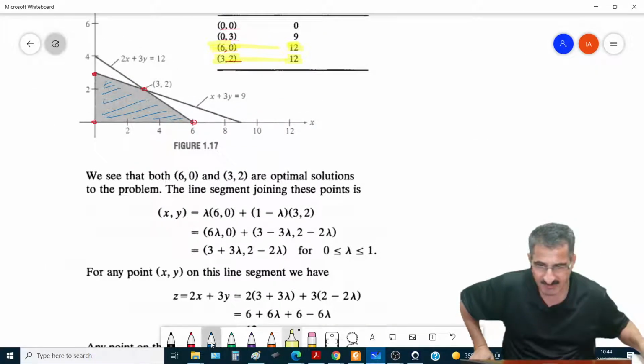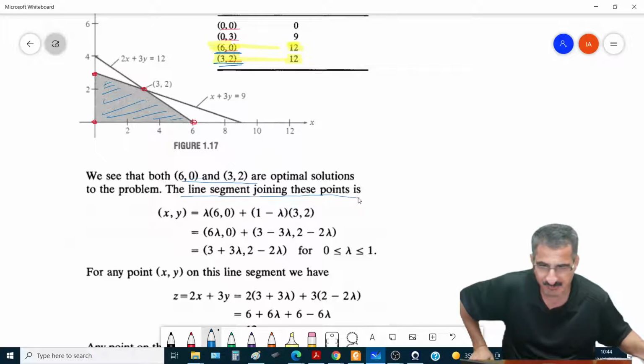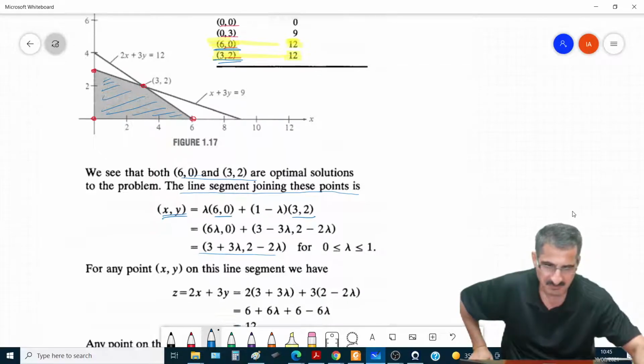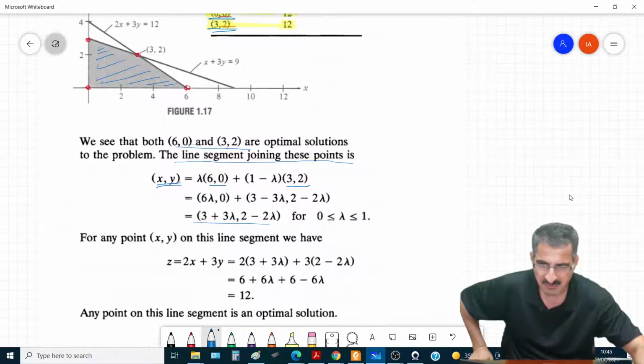Okay? Now, what does it say here? It says these 2 points, what about them? They are optimal solutions. The line segment joining these points is xy. Okay, we use this and we use that, and we got this. Just some algebra. Fine. For any point in the line segment we have, okay.